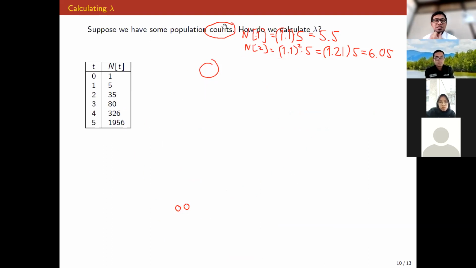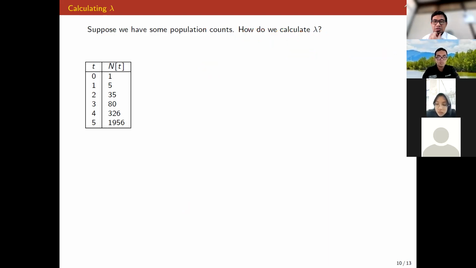Okay, now let's try to calculate lambda. Suppose we have this data. We have made records on the number of populations of some species, this is just an example. At the beginning we have only one individual, for example.